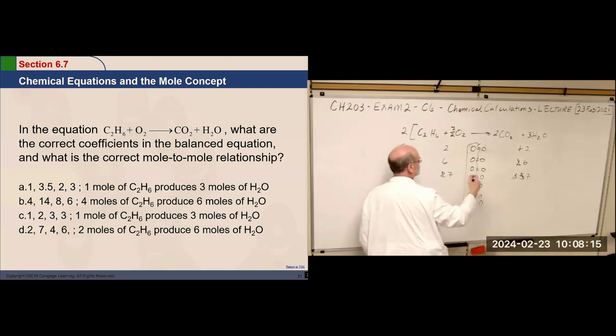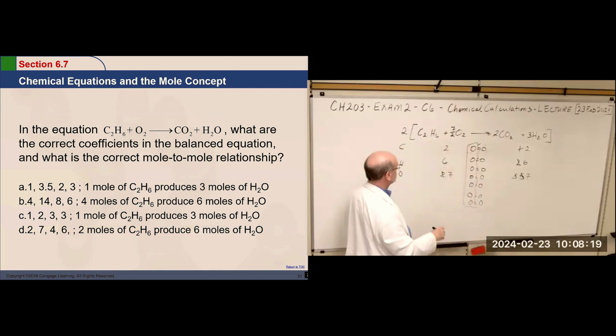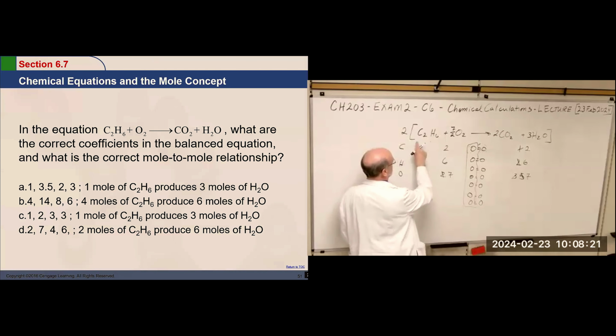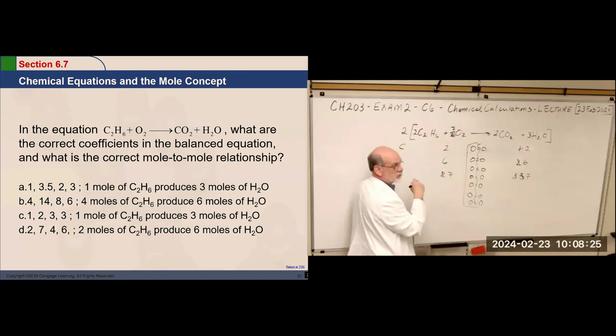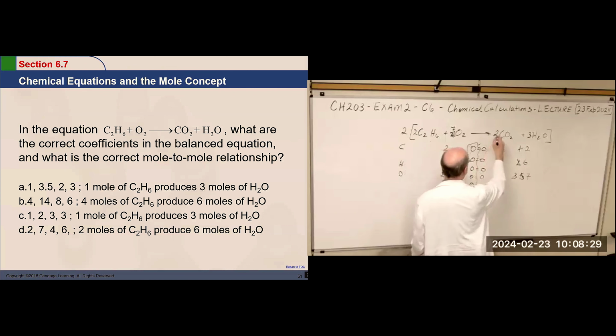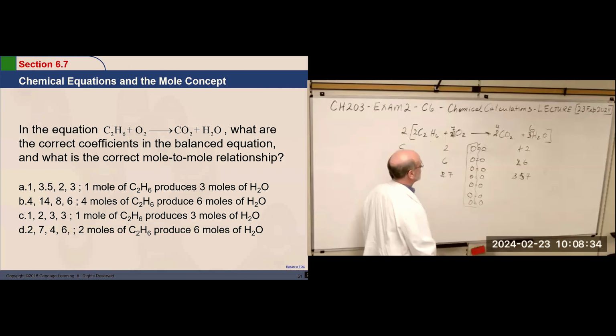Multiply the whole thing through by 2. All the coefficients by 2. That will put a 2 here. That will get rid of that fraction, right? 2 times a half is 1, and 1 times 7 is 7. And this is 4. This is 6. So the simplest whole number ratio is 2, 7, 4, and 6.